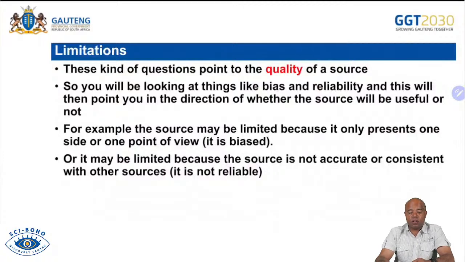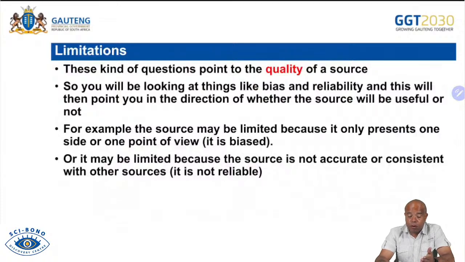Then let's go over to limitations. These kinds of questions point to the quality of a source. So you will be looking at things like, is the source biased? How reliable is it? And this will then point you in the direction of whether the source will be useful or not. Take note, we're talking about limitations here. For example, the source may be limited because it only presents one side.